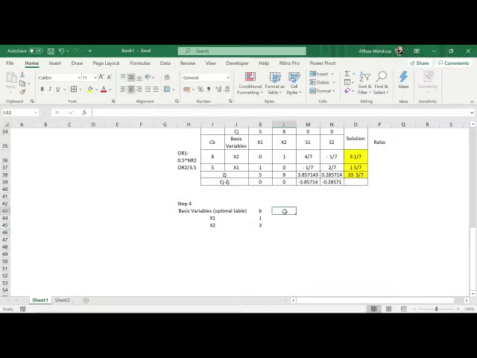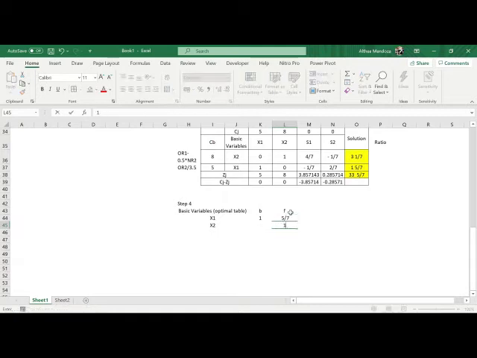Now the fraction. The fraction for x1 is 5/7, and for x2, to keep the same format, 1/7. So now we have segregated the b and the f as stated in step 4.